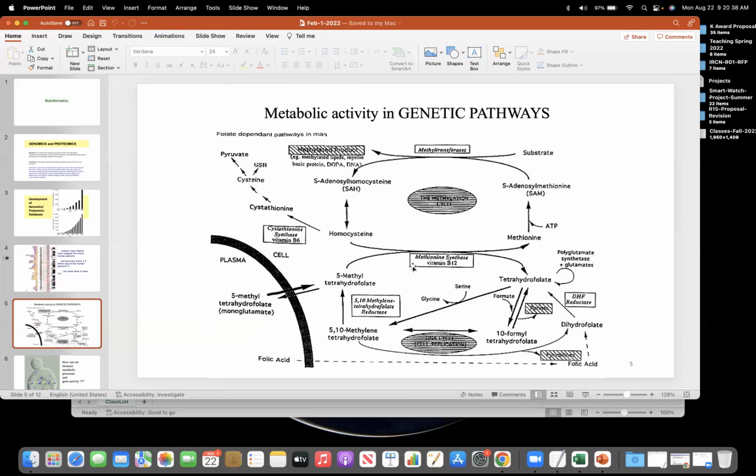So this is a metabolic pathway for folate metabolism, and this is also one of the fields or subfields in bioinformatics, right?